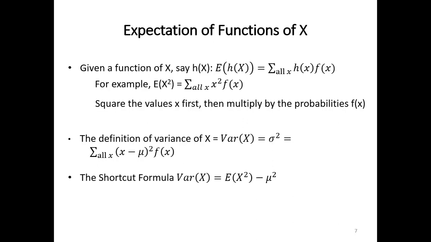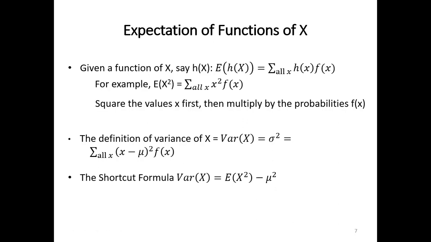So that's similar to the definition of variance of just a set of numbers. But a formula that we'll prove in the class notes and in the textbook is what I call the shortcut formula. And this tells us that the variance of x is equal to E of x squared minus the mean squared.